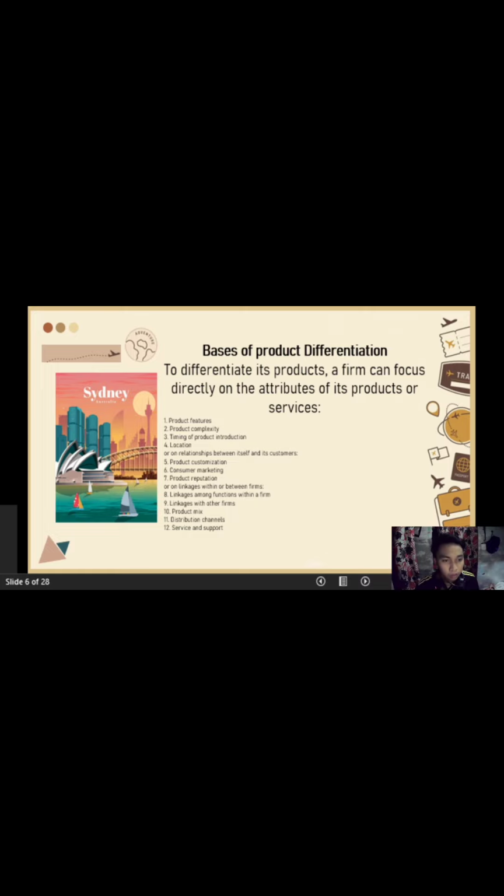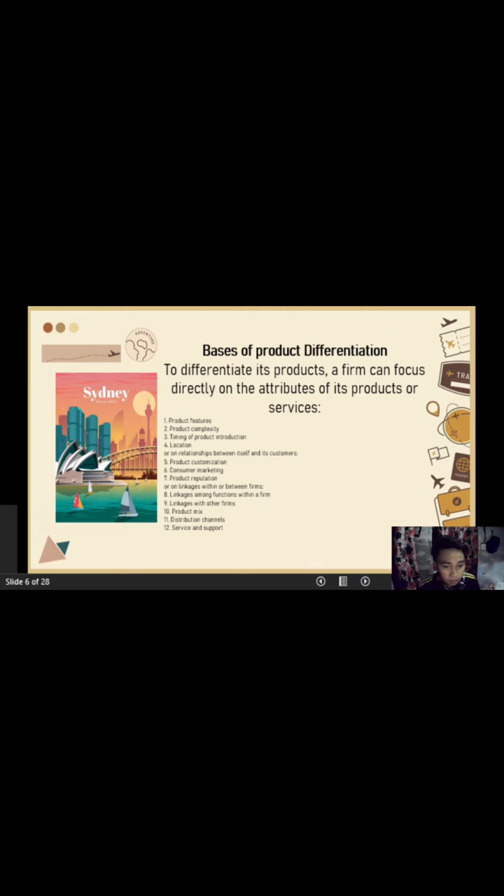Number 1 is the product features. In product features, the most obvious way that firms can try to differentiate their products is by altering the features of the products they sell. And one industry in which firms are constantly modifying product features to attempt to differentiate their product. So yun yung product features.